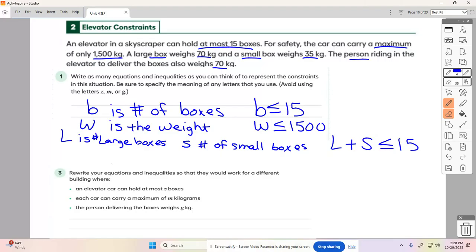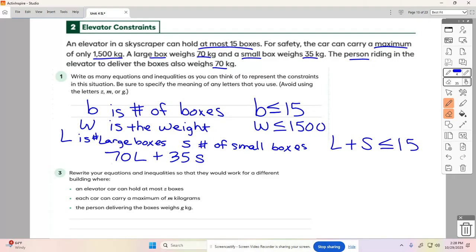I also need a few more things that are constraints, and that's talking about the weight of the large and the small box. So if each large box is 70 kilograms, that's 70 times the number of large boxes plus 35 kilograms times the number of small boxes.